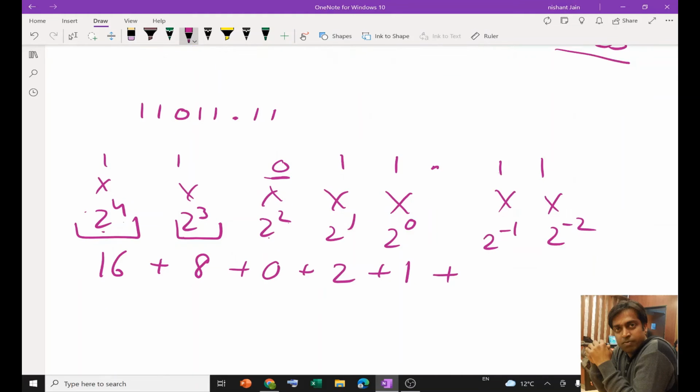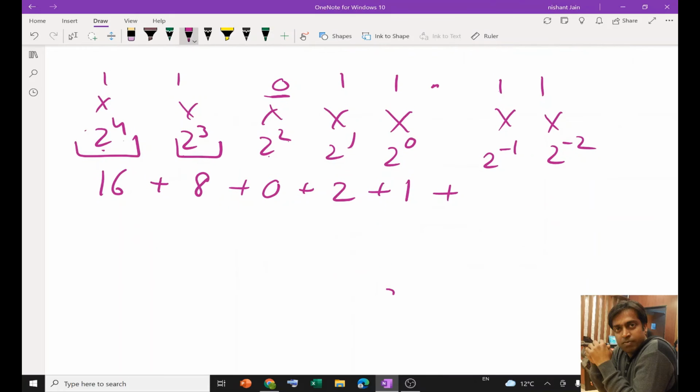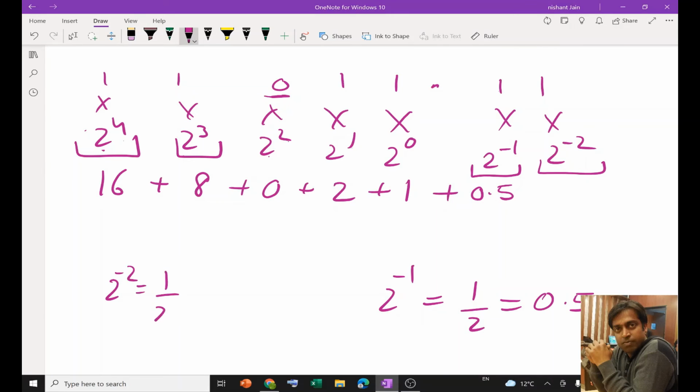Now 2 raised to the power minus 1 is 1 by 2, which means 0.5, so 0.5 into 1 gives 0.5. Then 2 power minus 2 means 1 by 4, which equals 0.25, so 1 into 0.25 is this.